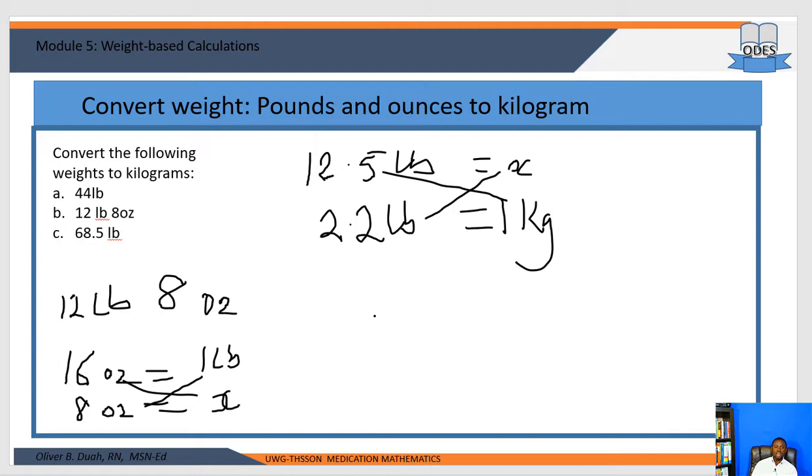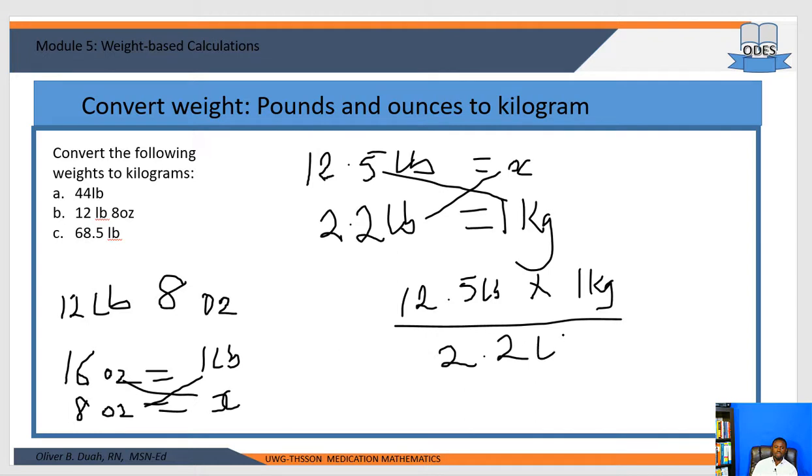So when we divide each side by 2.2, we are going to end up with x equals 12.5 pounds times 1 kilogram, all divided by 2.2 pounds.